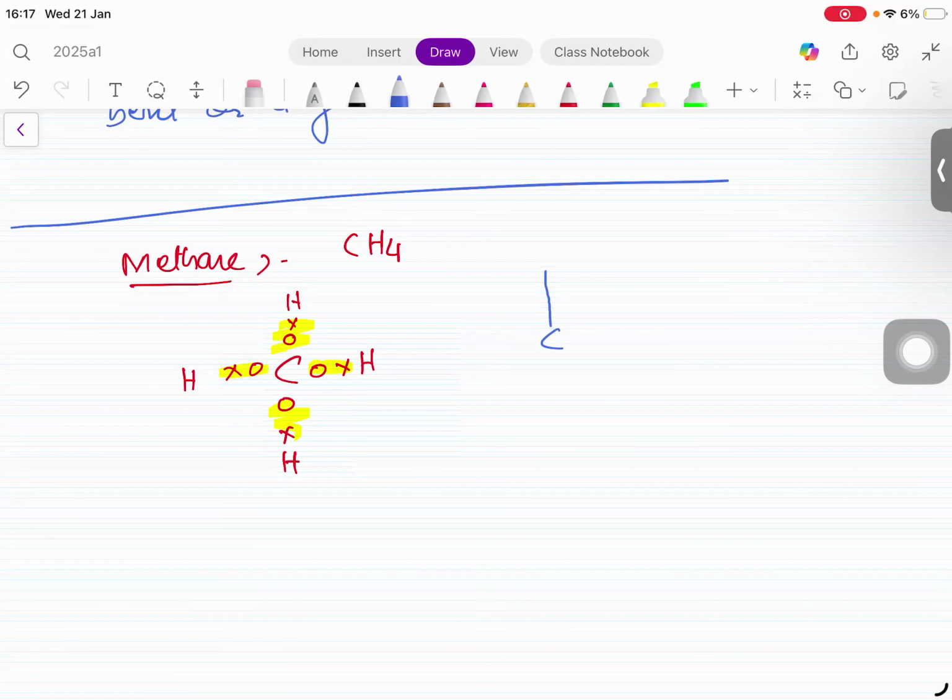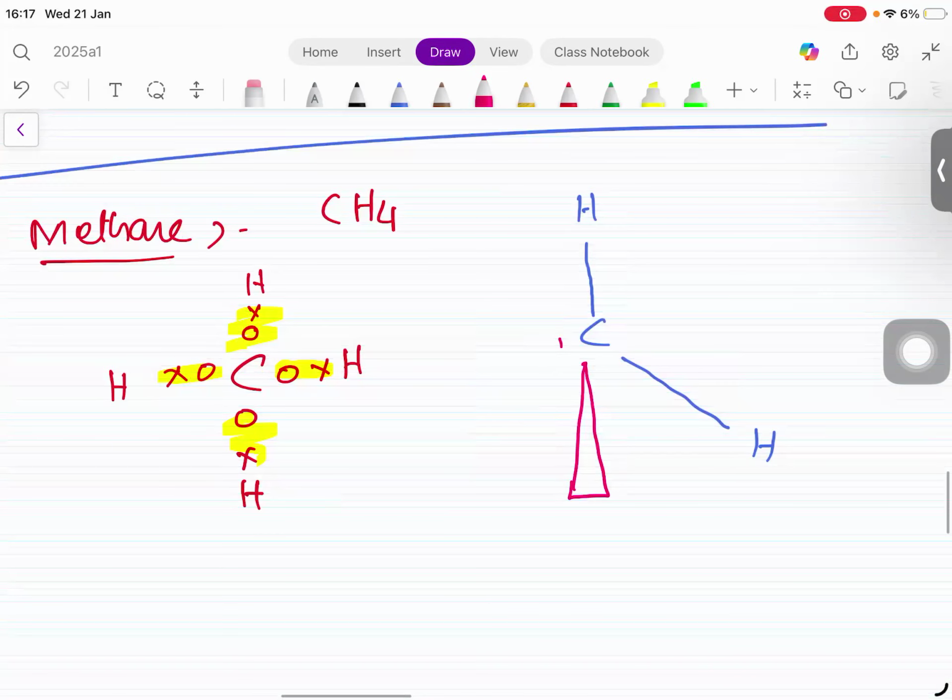Now, how to draw this shape of tetrahedral? Right? So we have to draw like this. Now, obviously, we can't show it until we have a unique kind of lines which are telling which one is going out and which one is going in.